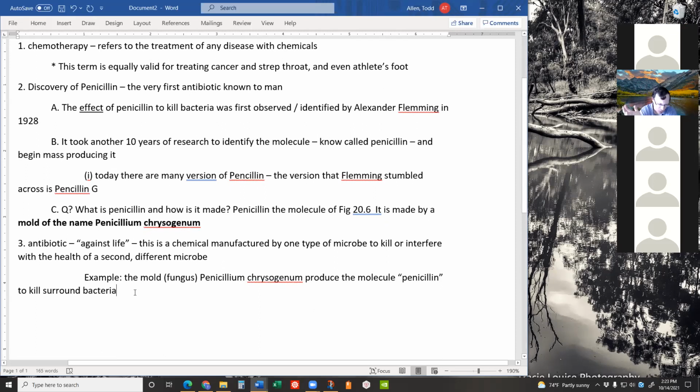Now, why would mold do this? Well, the mold was doing this in the case of Alexander Fleming's experiments because the bacteria was literally eating the food source that the mold wanted. Okay, so let me ask you a question in the chat window.